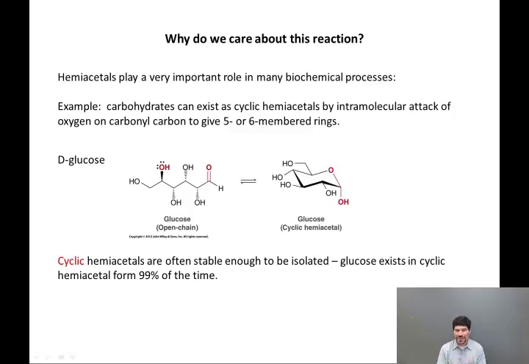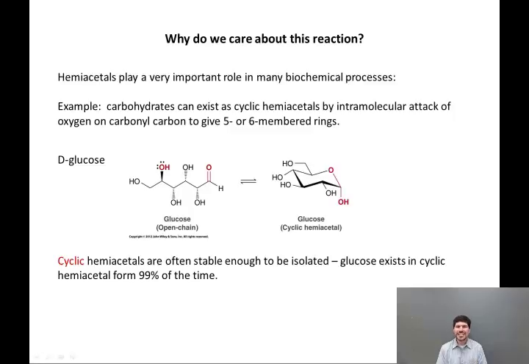So carbohydrates, which we first met as being polyhydroxyaldehydes and ketones, so an OH on every carbon that's not the aldehyde or ketone carbon, can actually exist as cyclic hemiacetals through intramolecular attack of the oxygen depicted in red on the carbonyl carbon to give either a 5 or a 6-membered ring. In this case, it is the oxygen carbon 5 coming around to give a 6-membered ring.